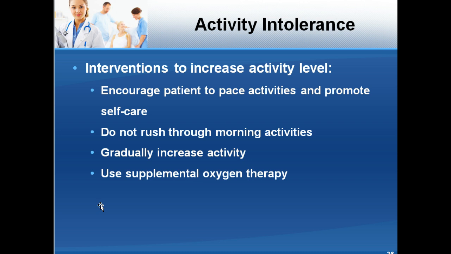Interventions to increase the activity level: encourage patients to pace activities and promote self-care. Do not rush through morning activities, so they take frequent rest periods. As time goes on and they build up their strength, they can gradually increase activity. And they use supplemental oxygen as desired or as ordered by the physician.